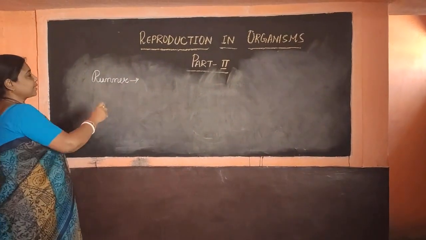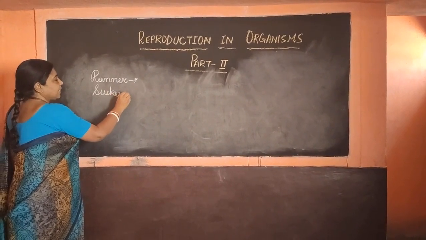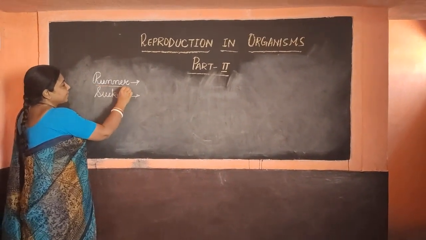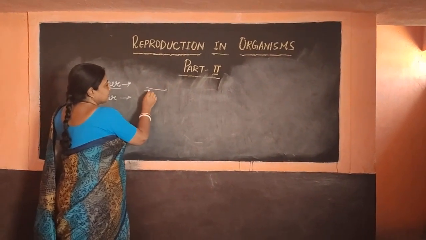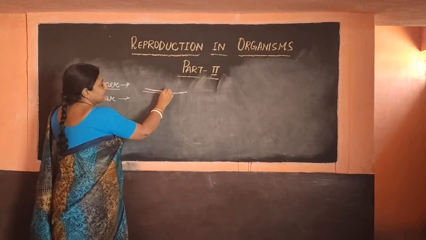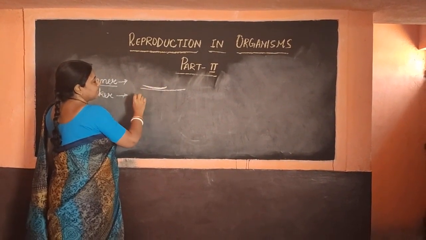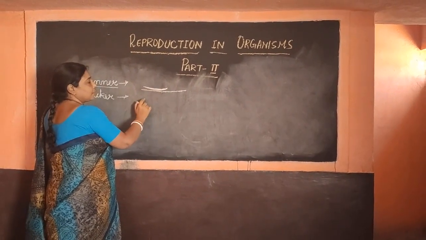All these forms, that is the runner, sucker, or whatever we have discussed right now. In runner, suppose this is the ground level, and this is part of the stem, which always runs very close to the ground.